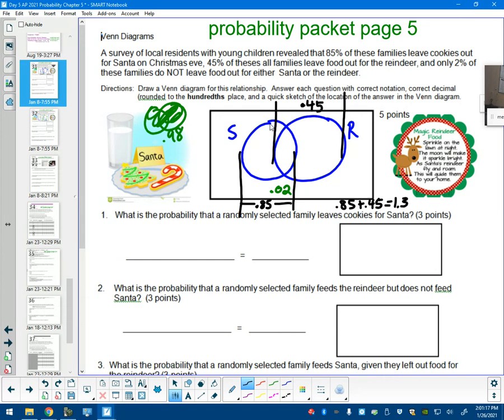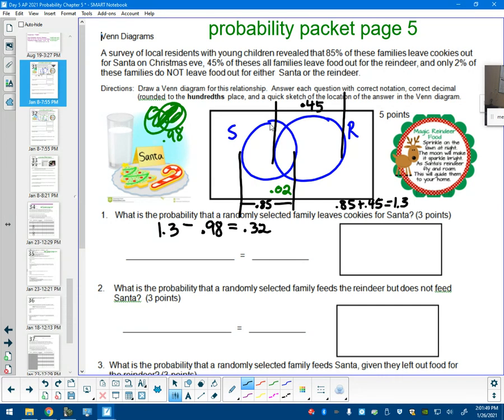And in fact, those two are only supposed to add up to 0.98. This and that add up to 1.3, but it's only supposed to add up to 0.98. So the overlap must be 0.32.